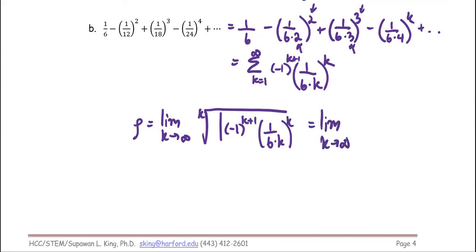It's convenient that the k-th root and the k power take care of each other, and the absolute value takes care of the negative sign, so it becomes just the limit of 1 over 6k. Take the limit as k approaches infinity. The value of rho equals 0, and 0 is less than 1. By the root test, this series converges.